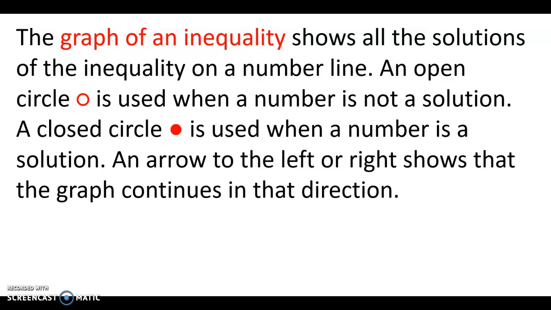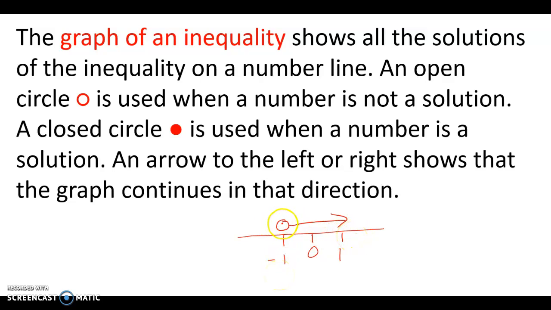So for example, let's say we had a number line, and let's say we had 0, 1, -1. So let's say we ended up with -1. If you have an open circle going to the right, that means all the numbers that are bigger than -1. It does not include -1.